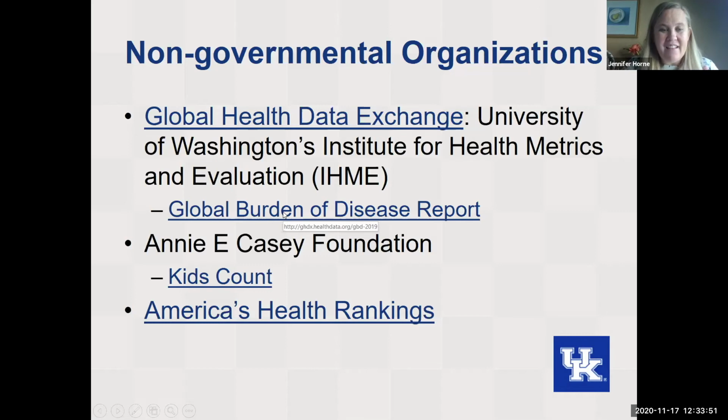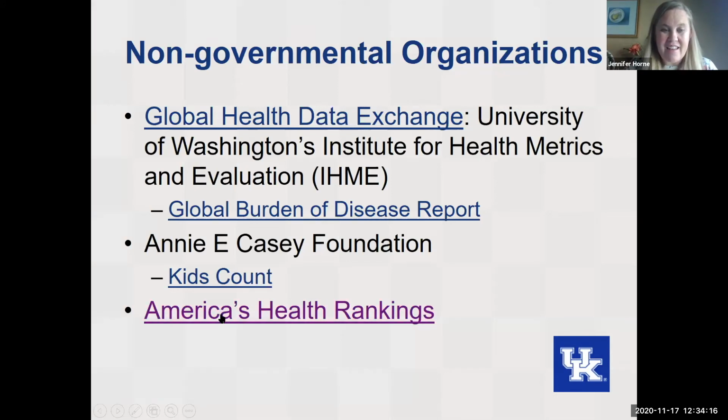Same thing, like the Annie E. Casey Foundation has KIDS COUNT. They're aggregating all the data sets about children across, I'm wondering, this might be a national thing, but across the country, and putting them all in one place. Same thing with America's Health Rankings. We can click on this one.